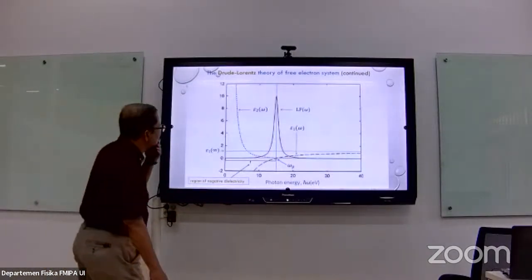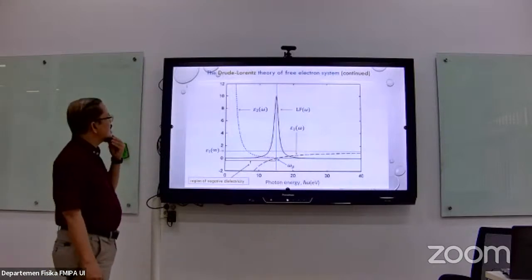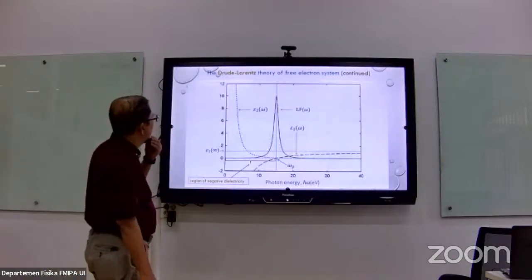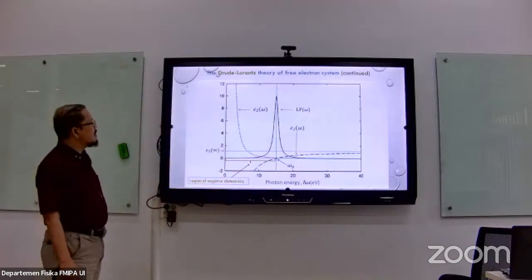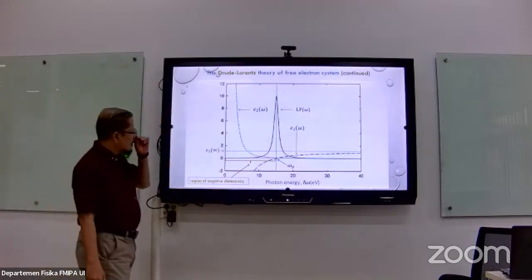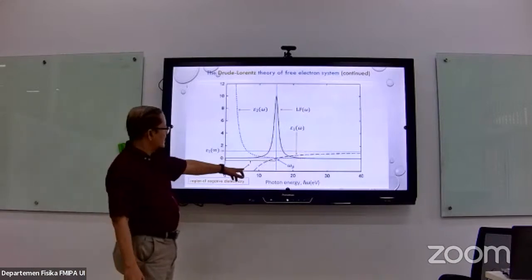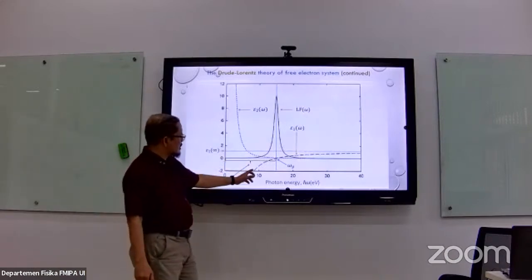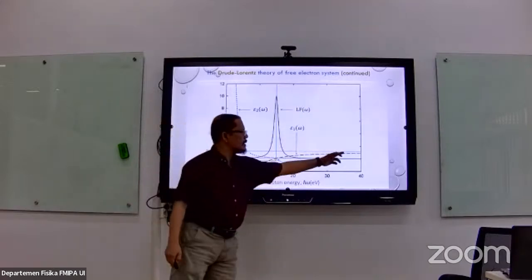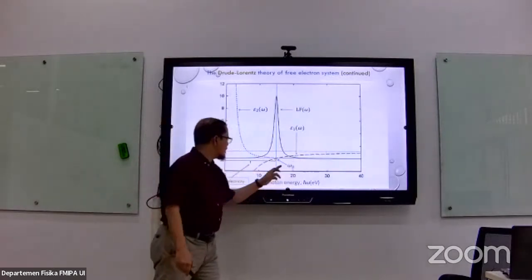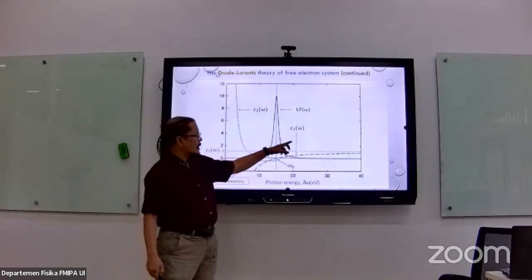Okay, this is the sketch of all the quantities I have described before. First, look at this curve with the long dashed line. This is epsilon 1.